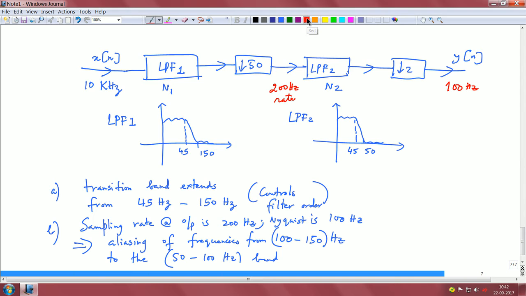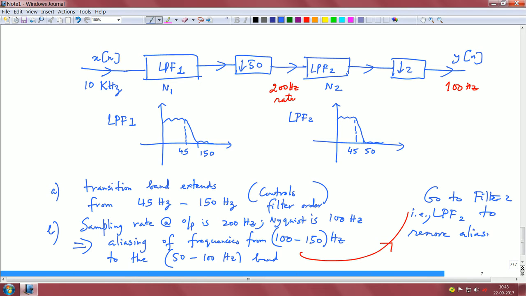Which sort of motivates us to go to filter 2, which is this low pass filter, to remove aliasing energy or aliased components, right.